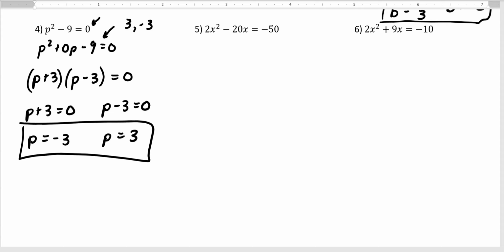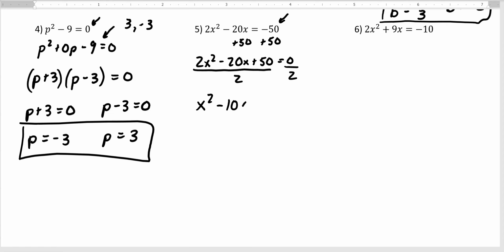Looking at 5, a couple things going on here. First, we are not set equal to 0, so let's take care of that. Add 50 to both sides, so I'll say 2x squared minus 20x plus 50 equals 0. Second, I have a GCF, don't I? So I can divide both sides by 2. That gets rid of the 2, leaving x squared minus 10x plus 25 equals 0.